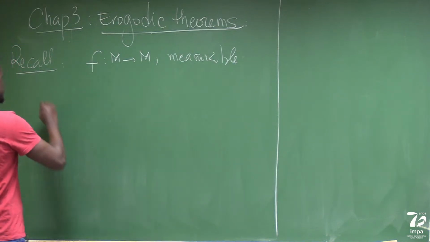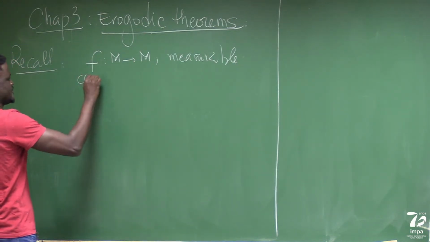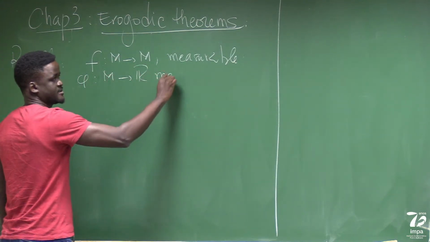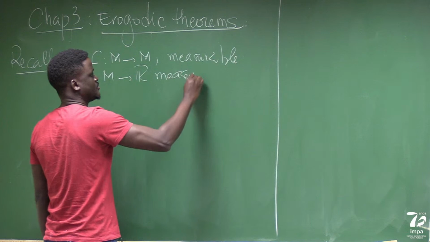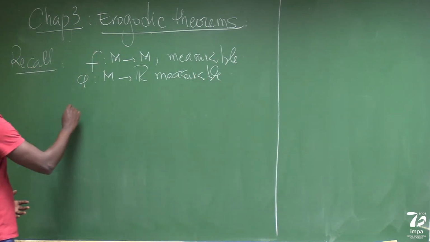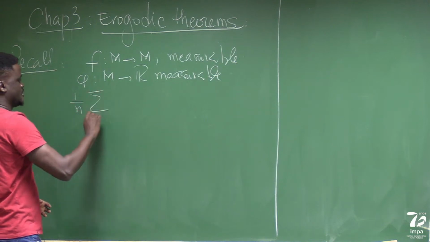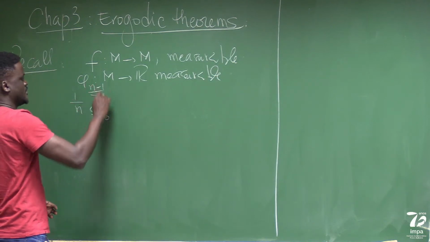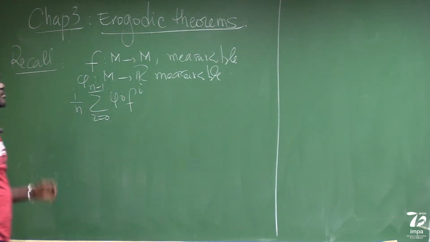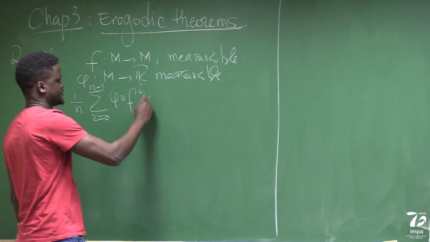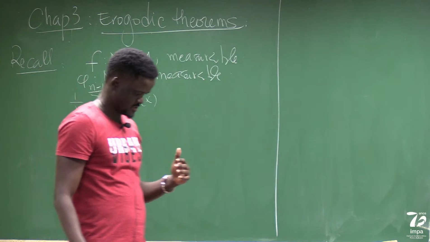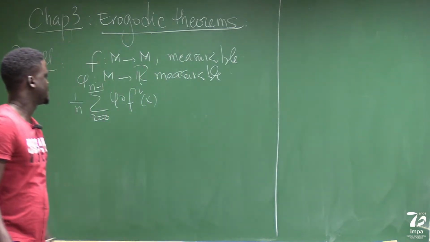So we were interested in, if you have an observable, let's just say it is measurable to start with, this sequence, i equals 0 to n minus 1. So you evaluate this along the orbit of a point here. Okay, this is what we were interested in.